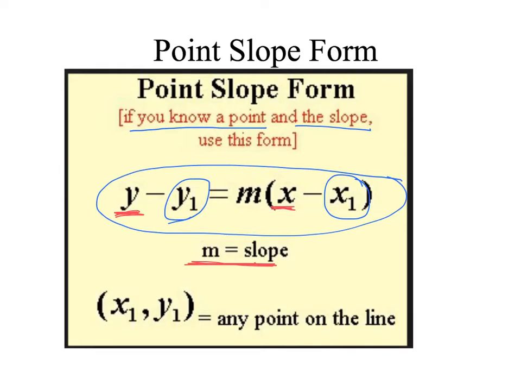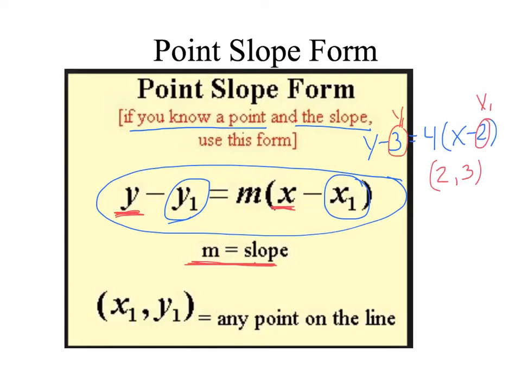Because when you see something like this, if you see y minus 3 equals 4 parentheses x minus 2, that means that this line is going to go through the ordered pair (2, 3). Because here's your x1 value, 2, and here's your y1 value, 3.